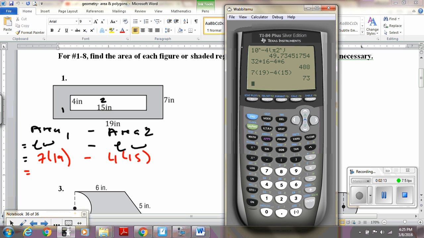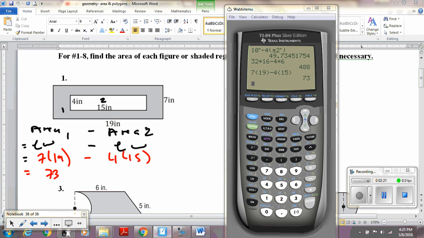And you get 73. So it's 73 inches squared, the area of the shaded region.